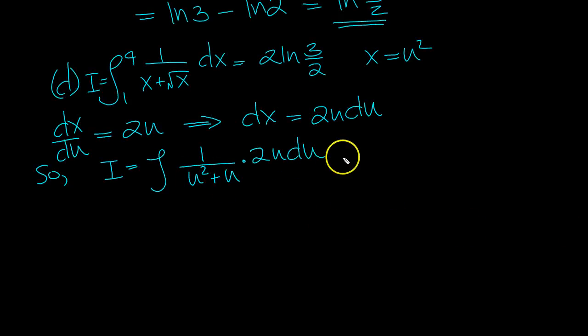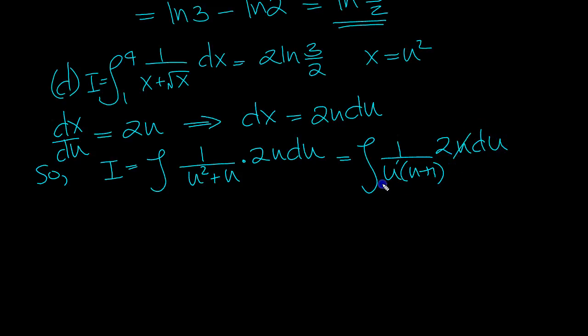And then there's a u common underneath, so let's take that outside the bracket. We'll have u plus 1 times 2u du. The u's cancel, and we have the integral of 2 lots of 1 over u plus 1 du.